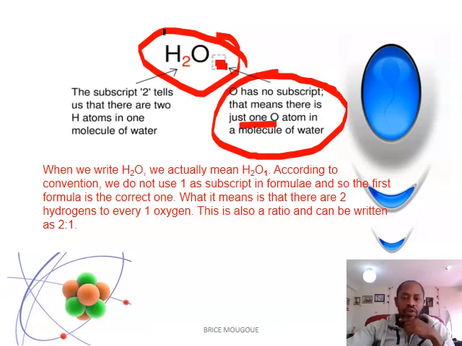So when we write H2O, we mean H2O1. According to convention, that's what we'll have, H2 and O1, but the 1 is kind of silent or imaginary, so we don't include it there. So that's it. The ratio will be, at the end of the day, 2 atoms of hydrogen, 1 atom of oxygen. Our ratio will be 2:1.